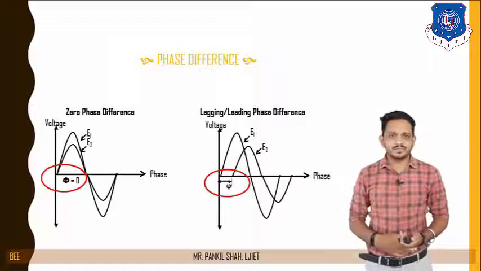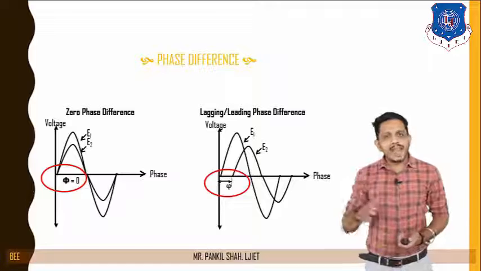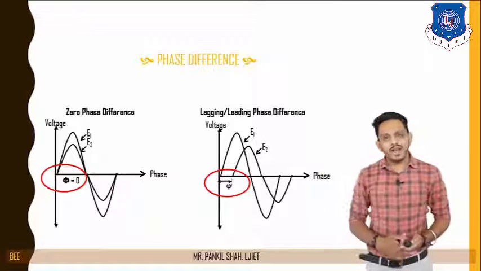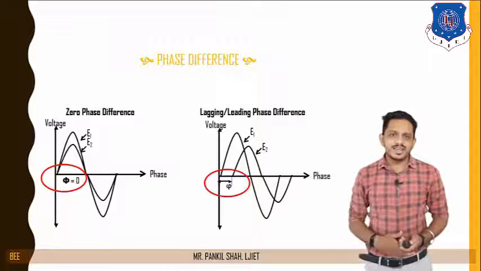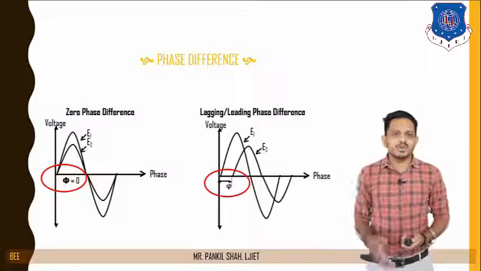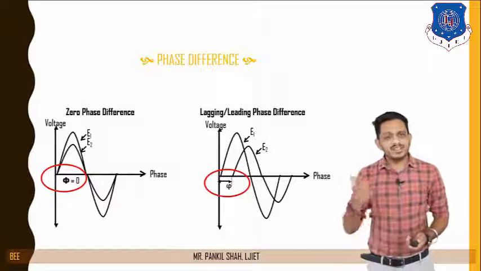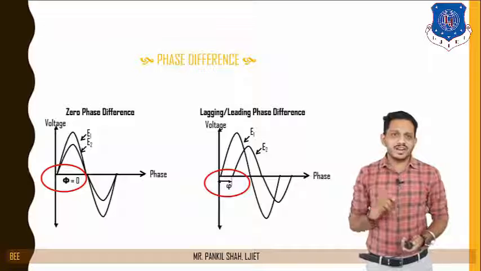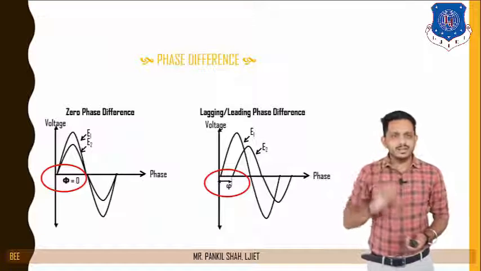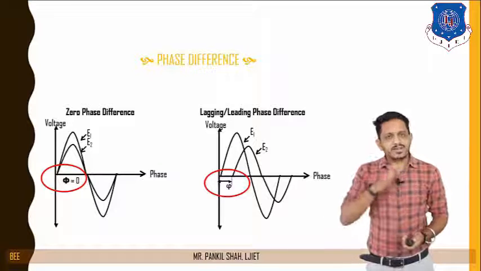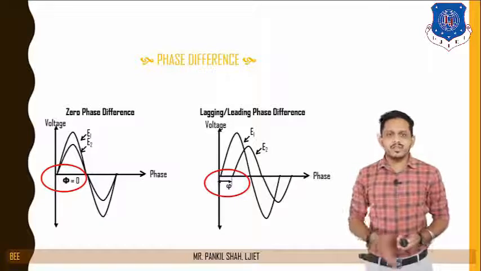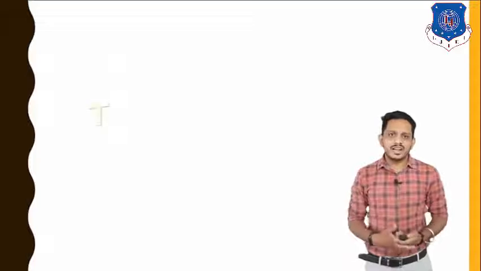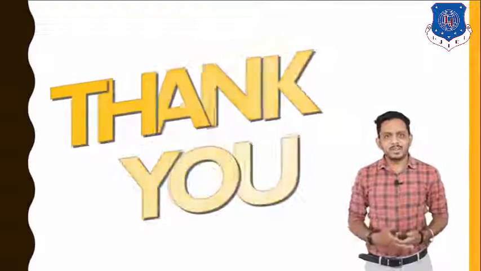You can say that E2 lags behind E1 by 5 degree, and also that E1 leads E2 by 5 degree. The vector which has first started will be leading the other, and the vector which has started some angle after the first will be the lagging vector. So these are the leading and lagging quantities.